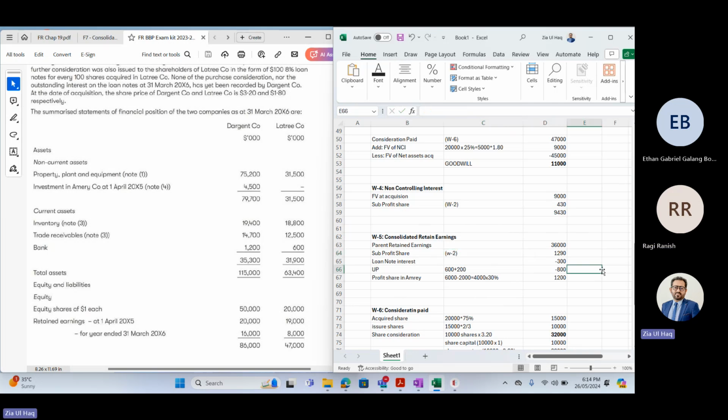Okay, what else? 300 we need to adjust for interest. 800 we adjusted for unrealized profit. 1,200 was added to that. What else?